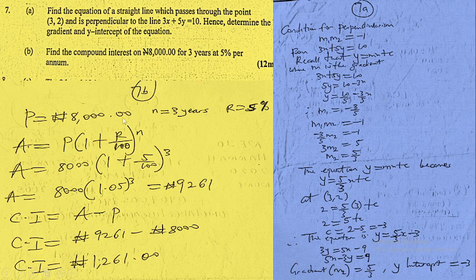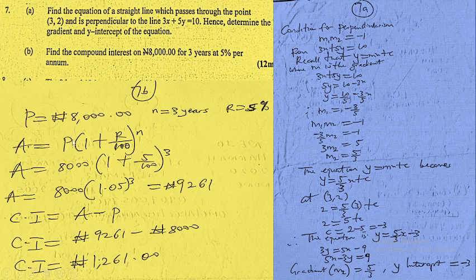Then after getting the amount, we can find the compound interest, since compound interest will be the amount minus the principal that was compounded. So we can use this formula to find the amount. That means amount is equal to the principal times 1 plus rate over 100, raised to the power n, which is the period that the money was compounded, which is 3 years.